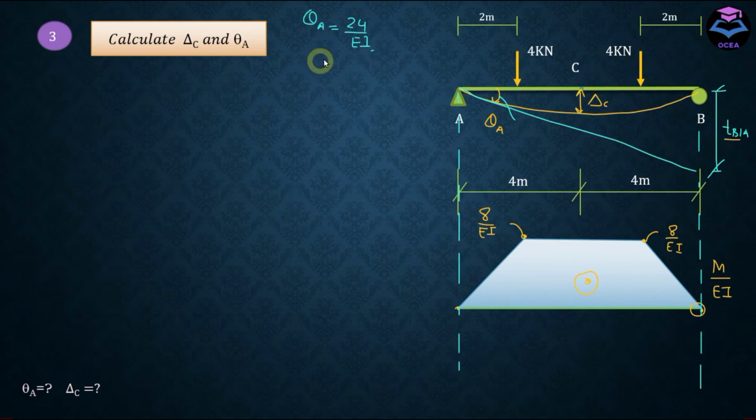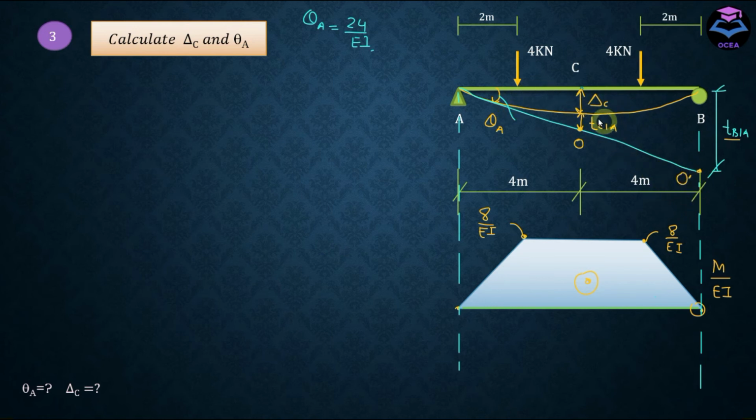After calculating theta A, now we need to determine deflection at C point. In order to do that, we need to calculate this vertical deviation of C point on the elastic curve measured with respect to the tangent from A point, that is TC/A. And let's call this point as O and this point as O dash.